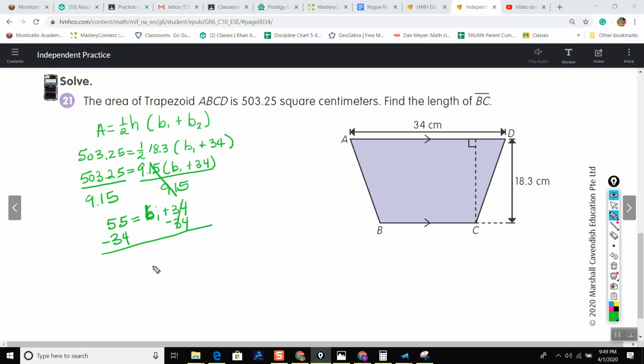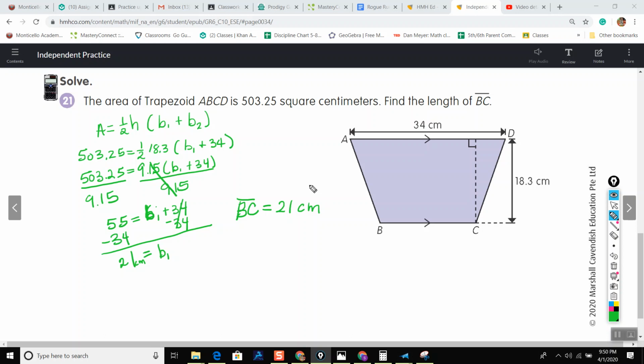This cancels out, becomes 0, so I'm left with base 1 is equal to 55 minus 34, which is 21. So our base is 21 centimeters, and that's what it was asking. So BC, line segment BC, is the same as 21 centimeters.